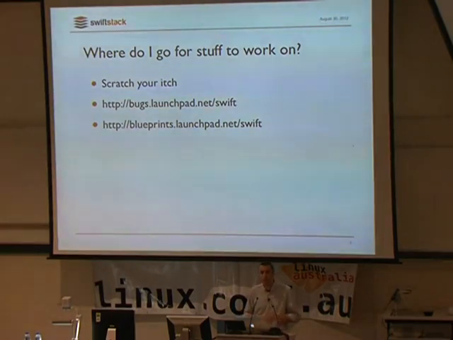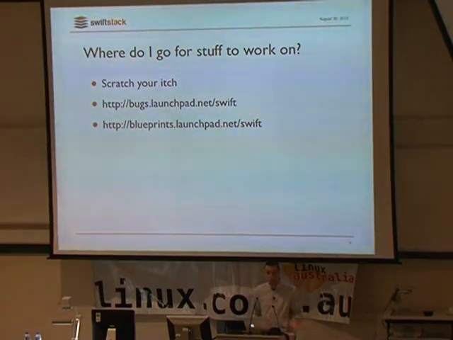I probably should do a little bit better of curating some of those bugs, but one of the things that would be very useful, to be honest, is some assistance of confirming some bugs and seeing what's going on there. But there are some things in there that it would be great if somebody would pick them up and say, hey, let's go fix this edge case or this particular scenario. Also, Josh mentioned blueprints. They're a way to just say, hey, here's an idea I have to work on. Swift has, again, a small set of blueprints that people have said, hey, this is an idea I'm interested in.